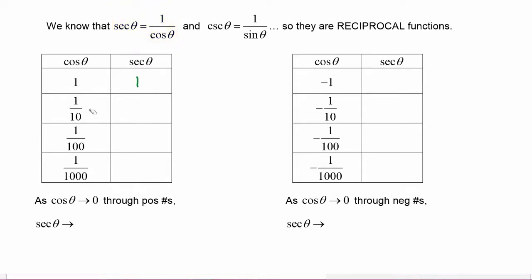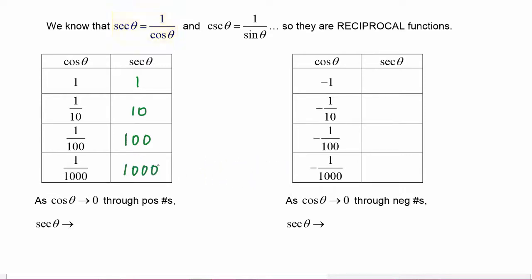If cosine was 1/10, then secant is going to be 1 divided by 1/10, which is 10. And if cosine is 1/100th and we plug that in there, then secant becomes 100. And if cosine was 1 over 1,000 and we plug that in, then 1 over 1/1,000 becomes 1,000.